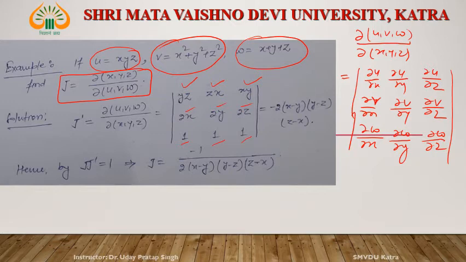Now solving this determinant, we got this, and then this is J'. What is J into J'? It is 1. Then what is J? 1 upon J', right?